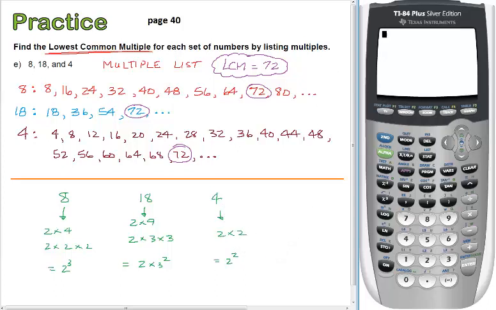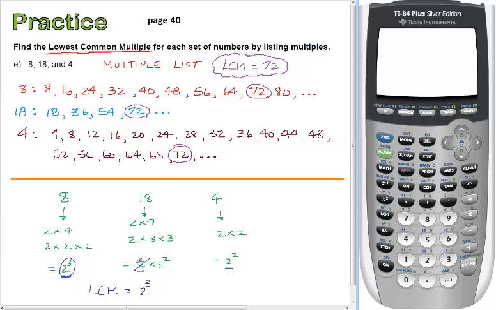Now, choosing your LCM in this method, you pick one of every factor, with the highest power of that factor, and multiply them. If I look at the factors, I only have 2 factors, 2 and 3. There's the factor 2. The highest power, of course, is 2 cubed. So I take the factor 2 and its highest power, which is 3.